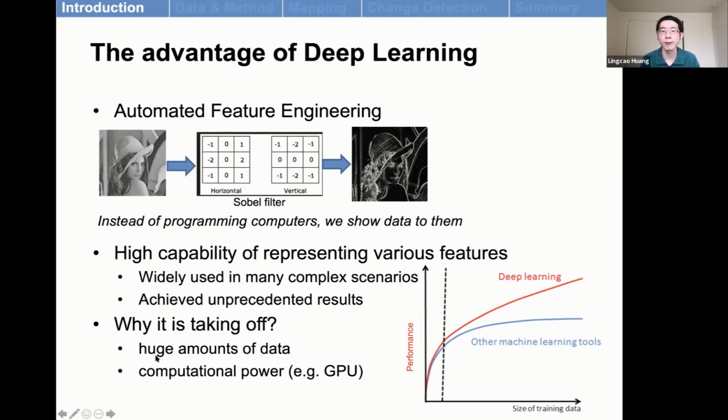And also we have more computational power. Because of the capability of deep learning, with more data, other machine learning algorithms may at a certain point reach a plateau and cannot improve their performance anymore, but deep learning with more data can continue to improve.